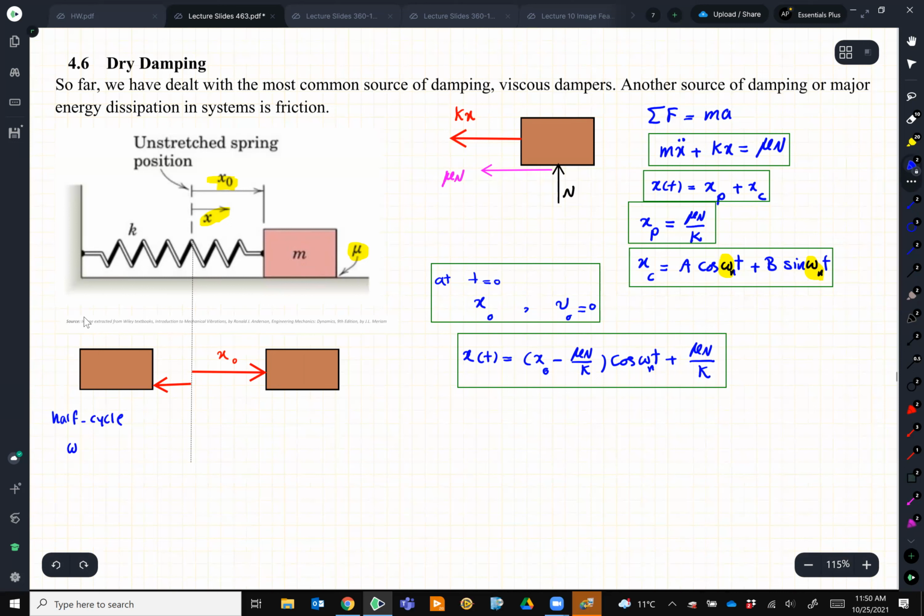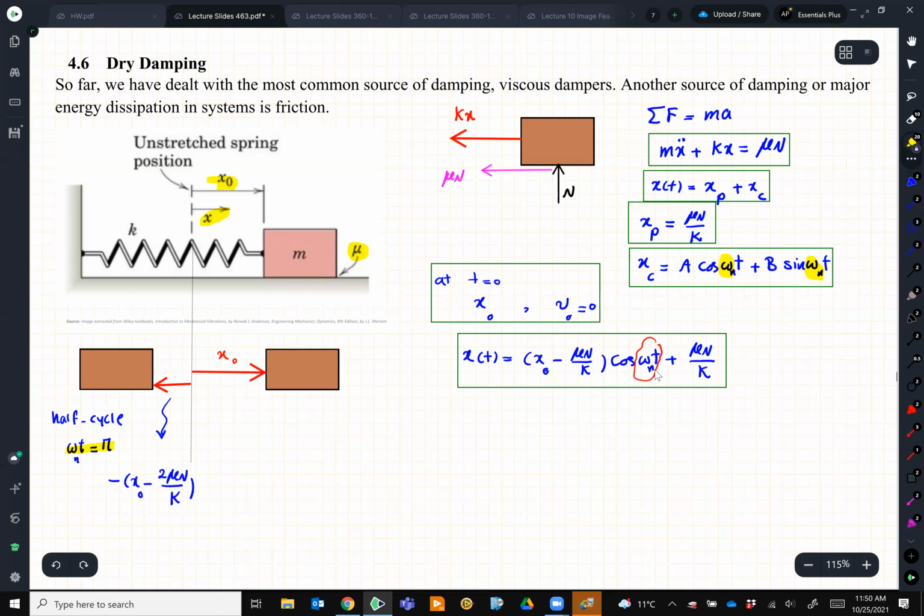And half a cycle means omega nt equal to pi, right? Remember, our cycle is being controlled by omega nt. The full cycle for a cosine is 2 pi, and half a cycle is when omega nt is equal to pi. So if I put that there, I would get this distance: x0 minus 2 mu n divided by k. Just put omega nt equal to pi in this equation.